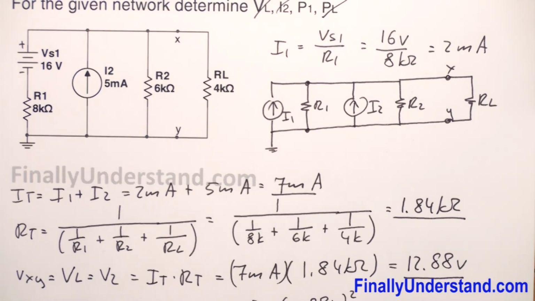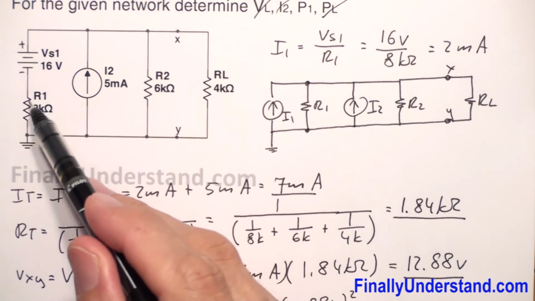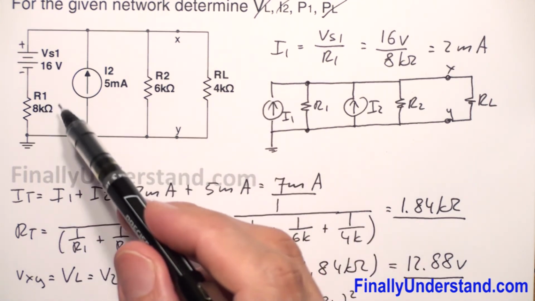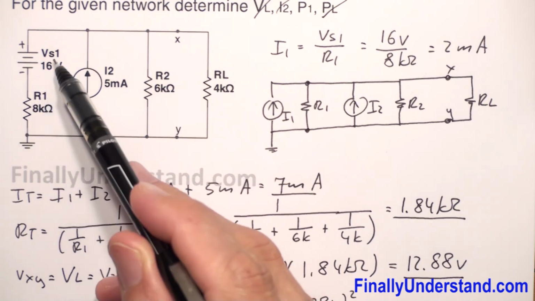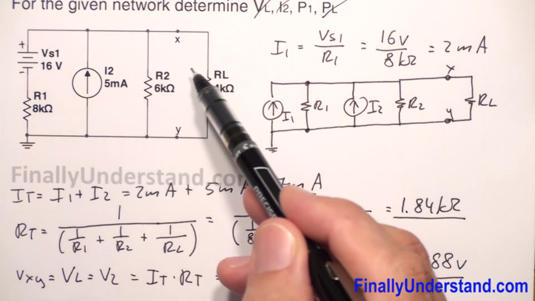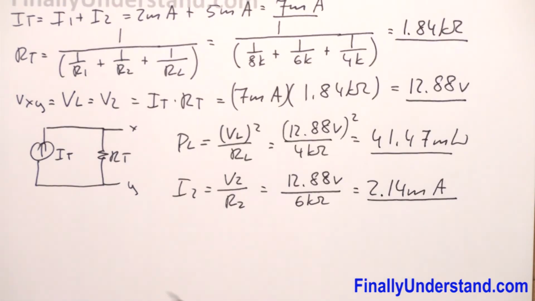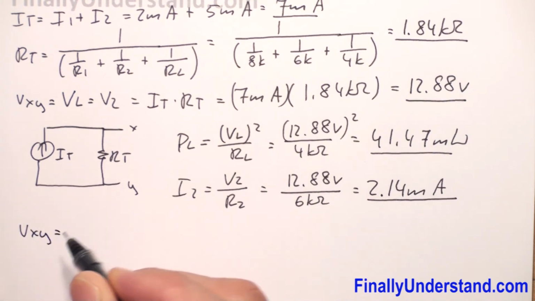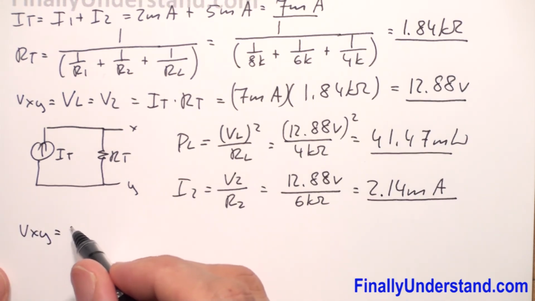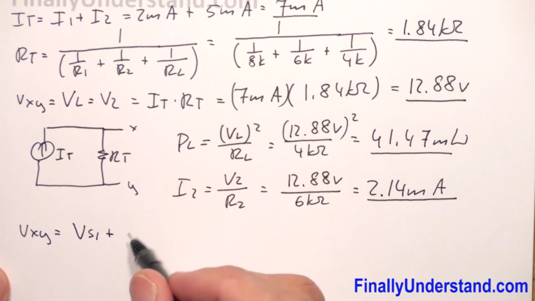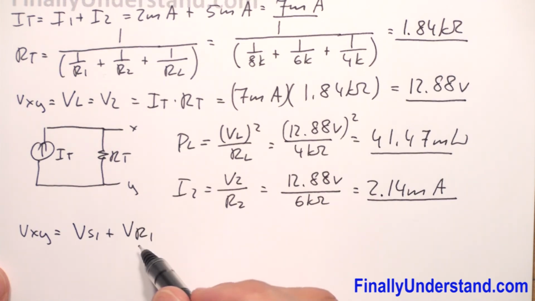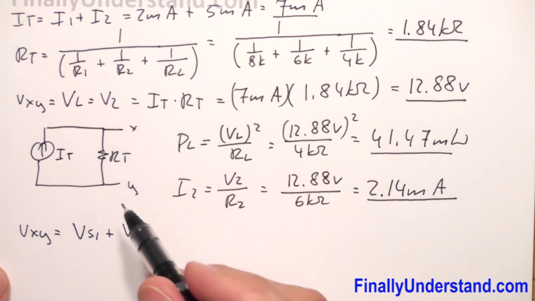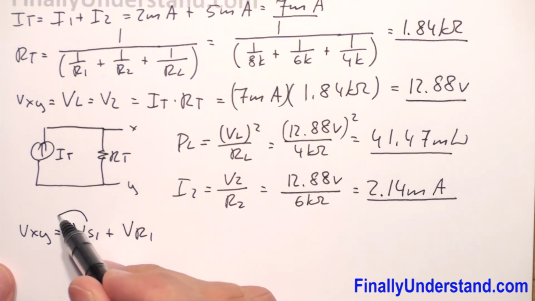Next, we're supposed to find P1, power at resistor R1. So we have to get back to the original problem and realize that the voltage across resistor R1 plus the voltage Vs1 is going to give me Vxy. So I can write that Vxy is equal to voltage source 1 plus VR1. So I'm going to try to find voltage across resistor R1. I would move it to the left side.